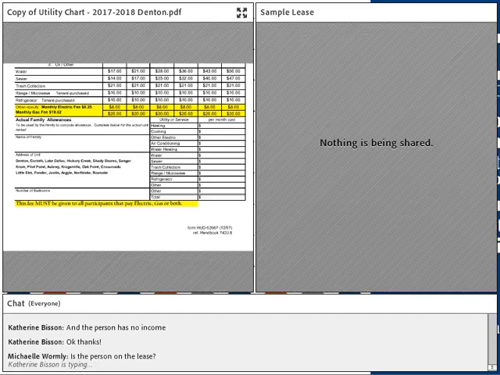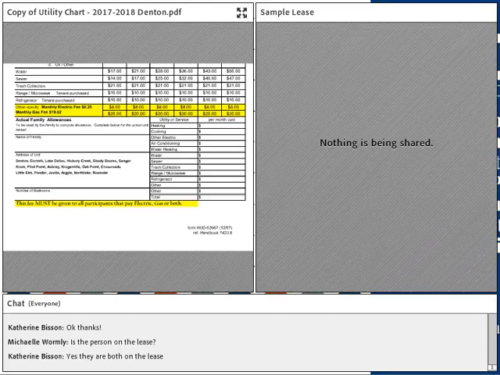Let's chat about that offline. Right now, for the purposes of this webinar, we're assuming that the participant is the only person or the only household occupying the unit. Oh, if they're both on one lease, then they would be paying one rent amount. Let's talk about this offline.